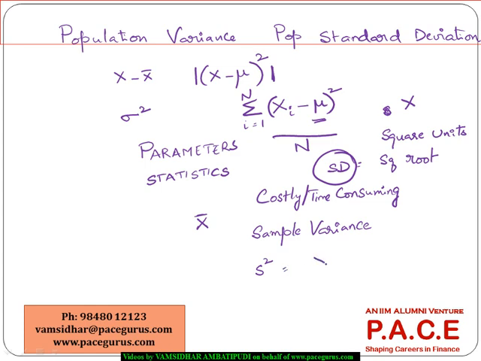Each individual observation I subtract from the sample mean, square the deviations, and sum them up, but the only thing is I will not divide by the total number of observations, I will divide by the total number of observations minus 1. So I cannot directly use the average, because I am dividing by the total number of observations minus 1.